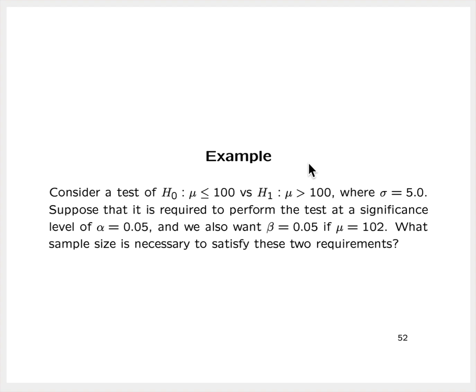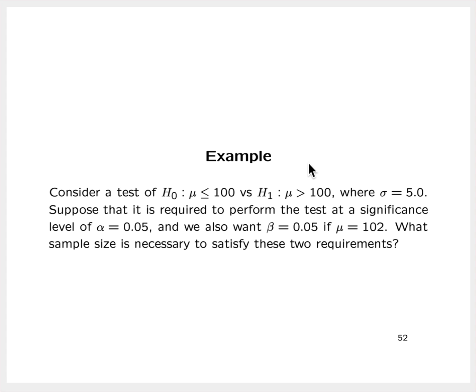For a given sample size, that is, for a fixed value of n, if we choose to decrease alpha so that the probability of a type 1 error is smaller in a given situation, then the ramification of that is that the probability of a type 2 error, which is beta, will increase. So by decreasing the probability of a type 1 error, we automatically increase the probability of a type 2 error.